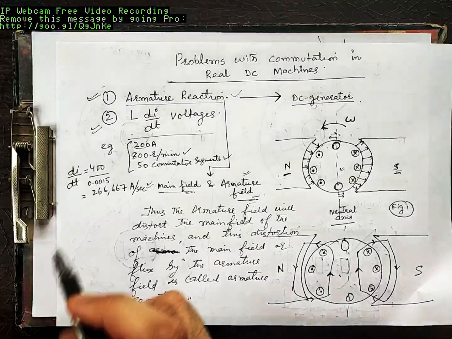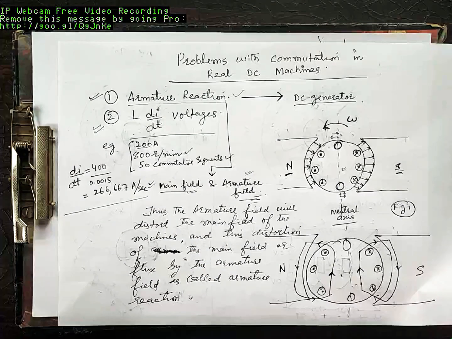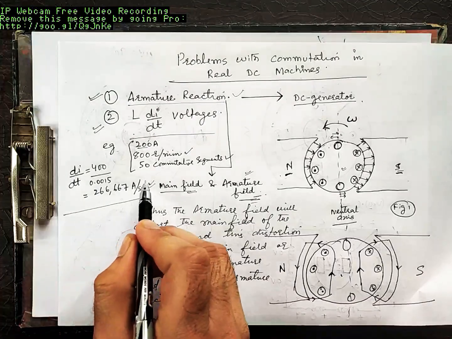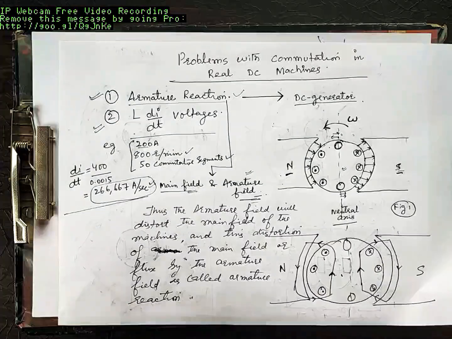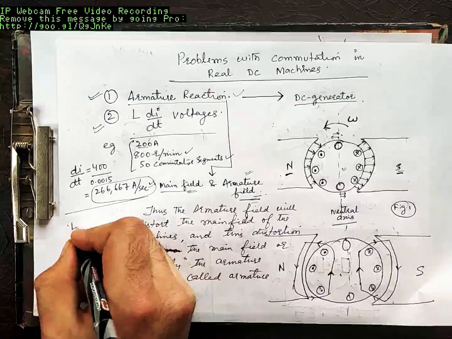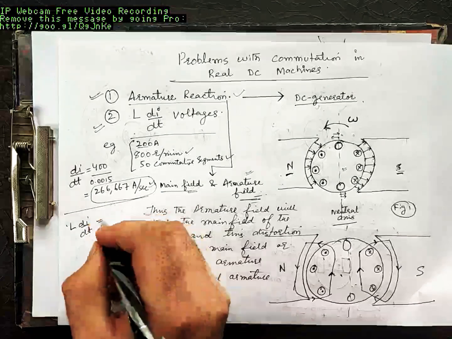Here my aim is to show you how large this L di by dt can be. Even with a small value of inductance L, this L di by dt can be huge. This L di by dt is known as inductive kick.